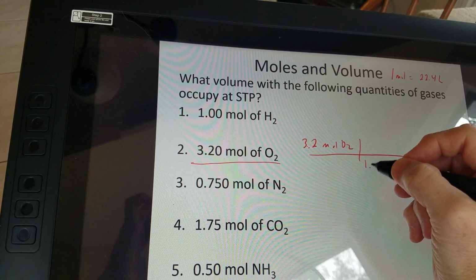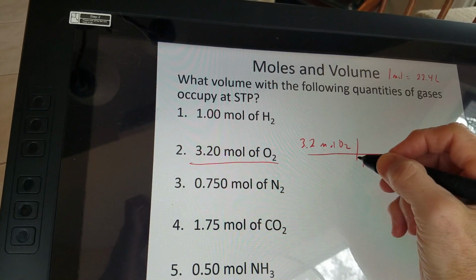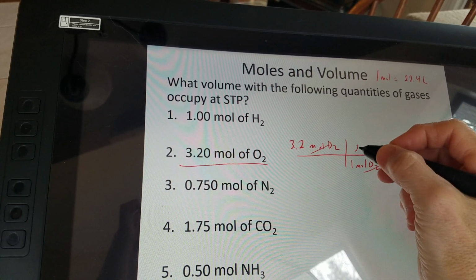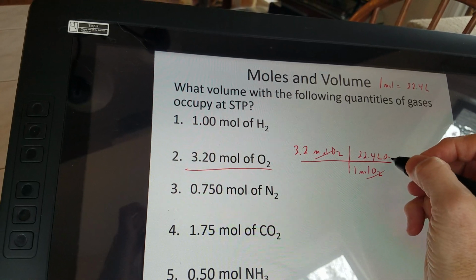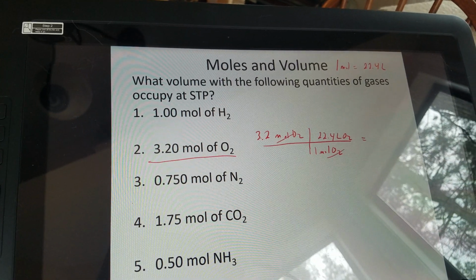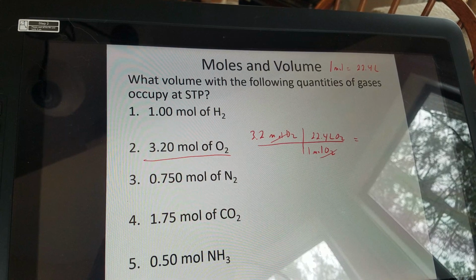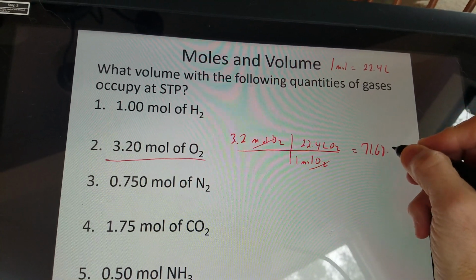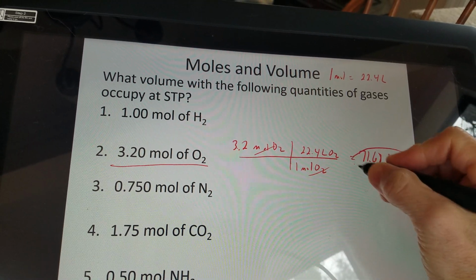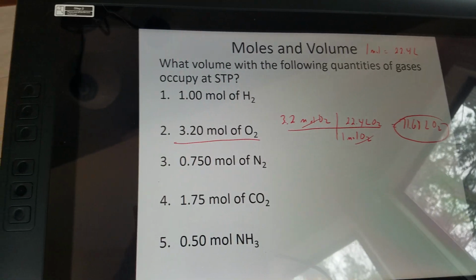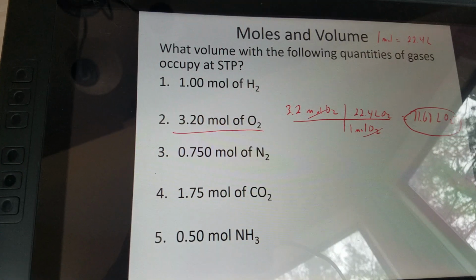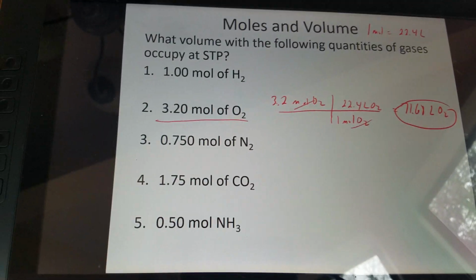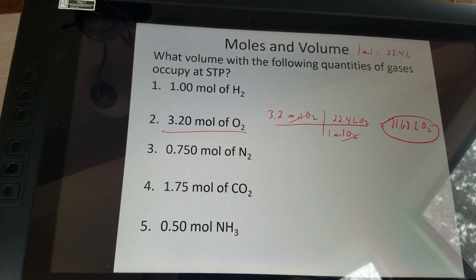Our 1 mole again is going to go on the bottom so that the mole units can cancel. 22.4 is going to go on the top. So I'd multiply 3.2 times my 22.4, and I'll get my 71.68 liters of oxygen. You would do the same for each of these, just using the same conversion factor.